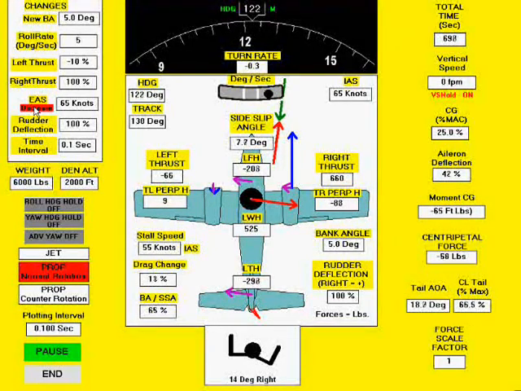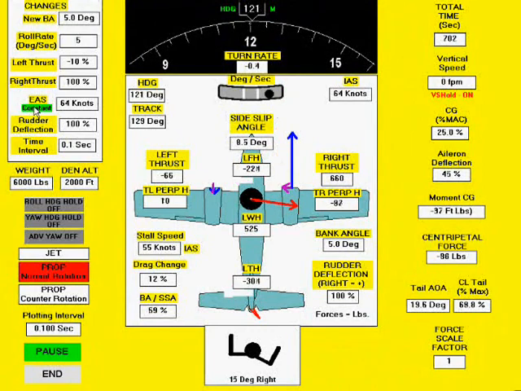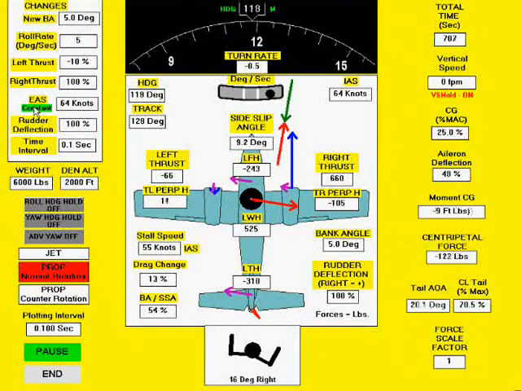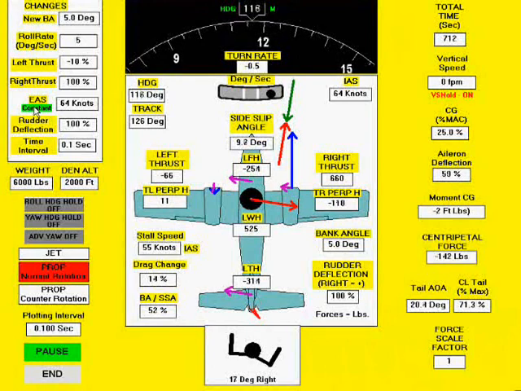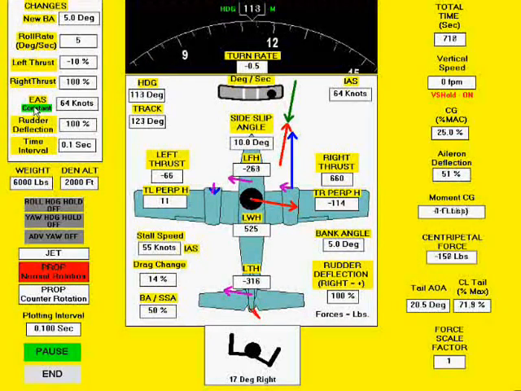At full rudder deflection, we observe the heading begin to change. We would then recover by lowering the nose and reducing thrust on the right engine.